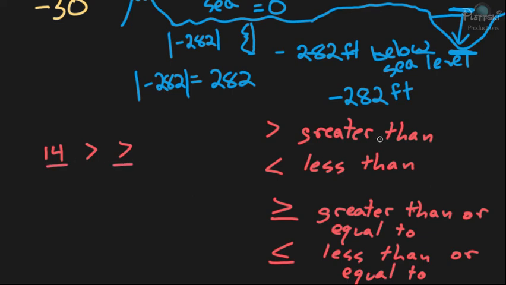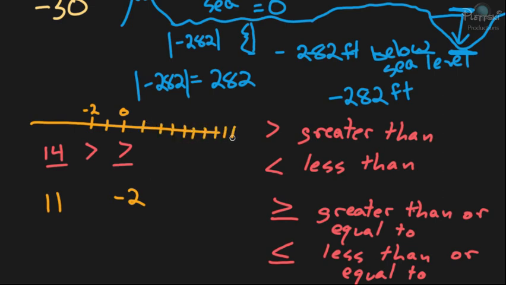Let's compare two more numbers. Let's compare 11 and -2. Okay, and picture these on a number line. If you have 0, -1, -2, and then you have 1, 2, 3, 4, 5, 6, 7, 8, 9, 10, 11.